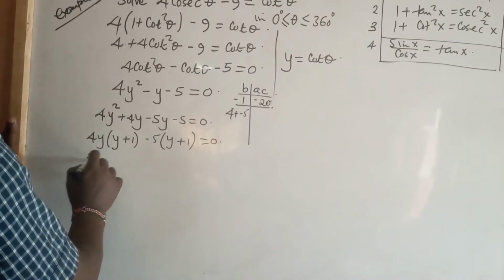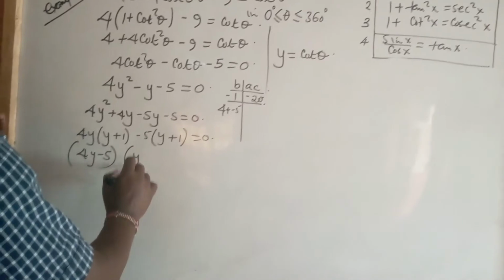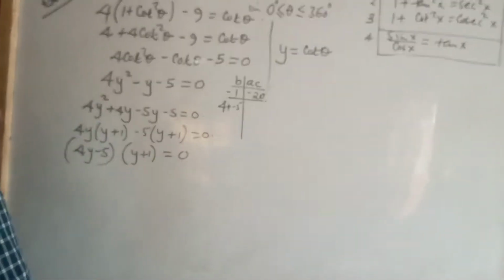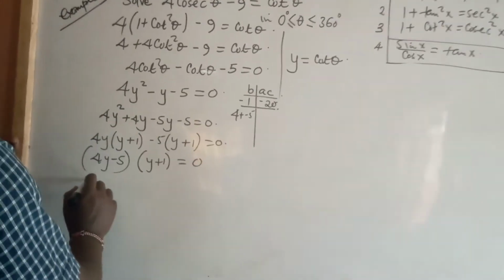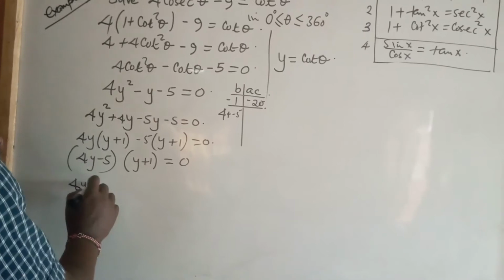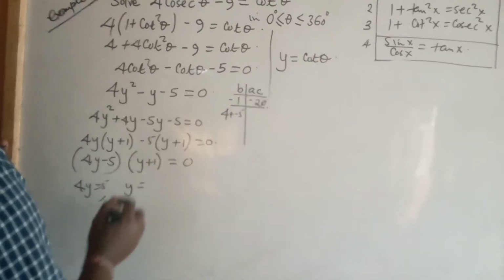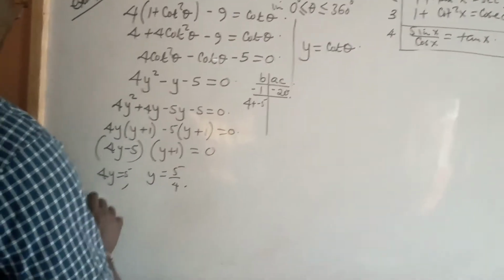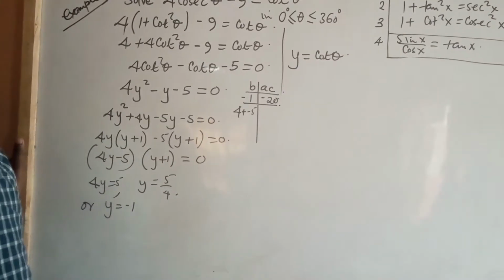And therefore we have 4y minus 5, y plus 1, all this giving us 0. And either of these brackets can give us a 0, and therefore we may have 4y is equal to 5, and in this case y is equal to 5 over 4. Or y is equal to -1, and that is it.